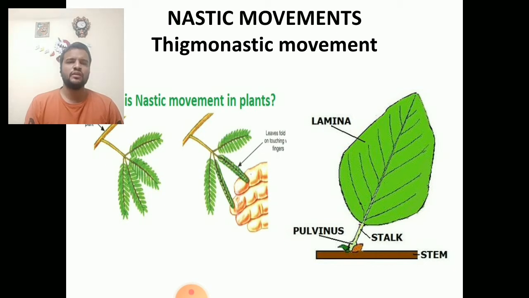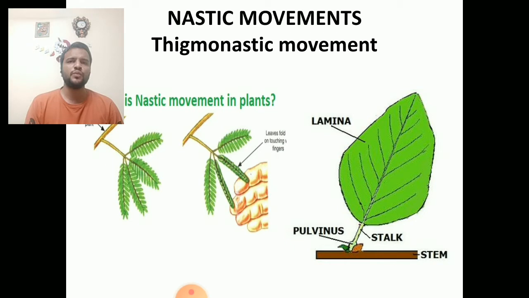So when you touch, the signal passes to the pulvini, and the cells of pulvini lose water into the large intercellular spaces. Once they lose the water, the leaves get folded.